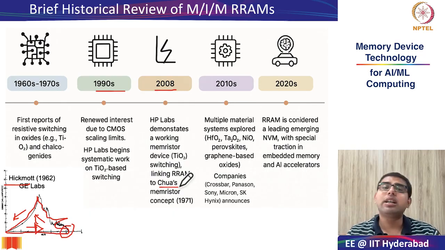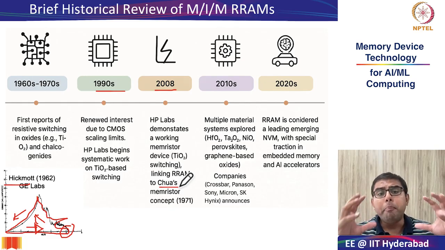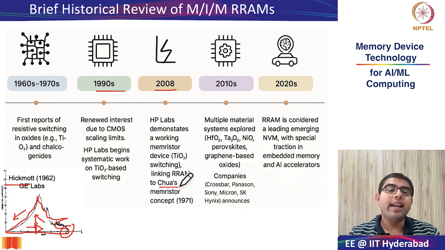Since the 2010s, RRAMs have been very popular and several material systems such as perovskites, hafnia, tantalum oxide and nickel oxide have been explored in a lot of depth. Even big companies like Panasonic, Sony and Micron have taken a lot of interest in RRAMs and their switching, because they are really important candidates for filling the elusive storage class memory gap.